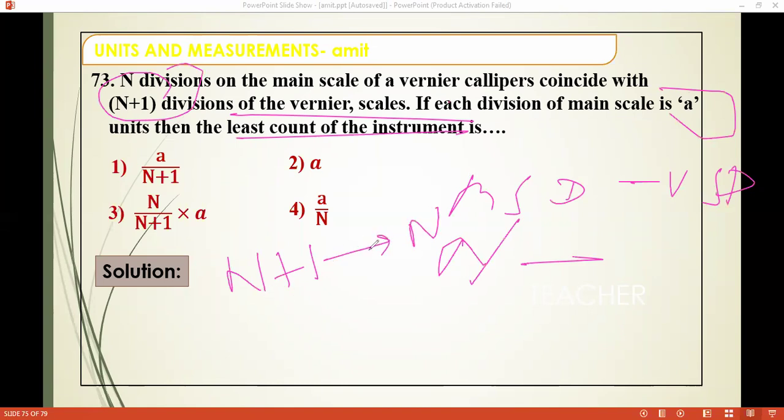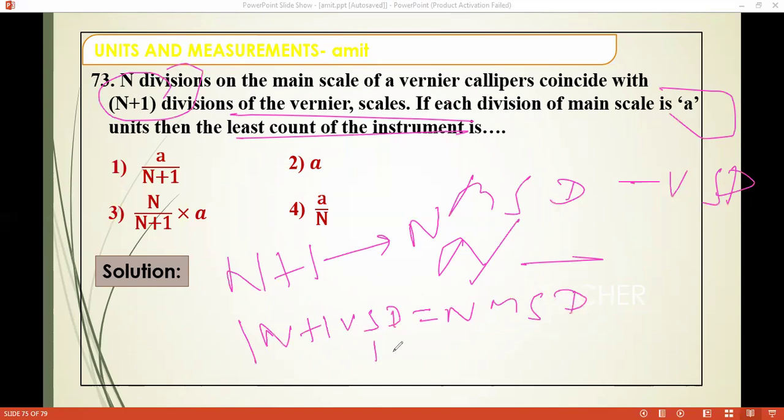So n plus 1 divisions of the vernier scale coincide with n main scale divisions. So n plus 1 VSD is equal to n MSD.